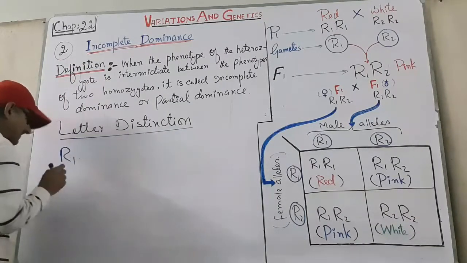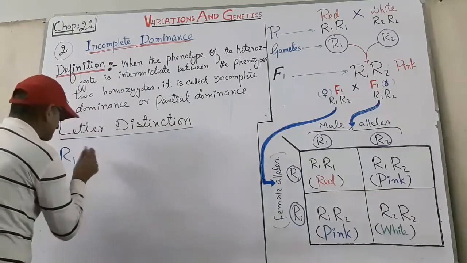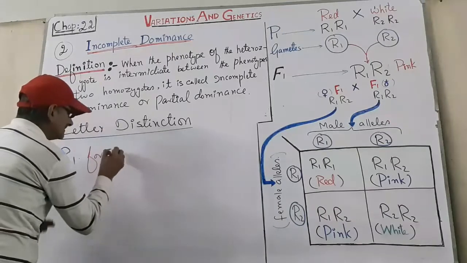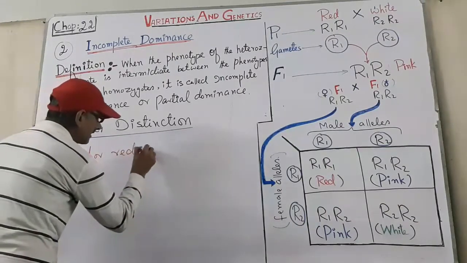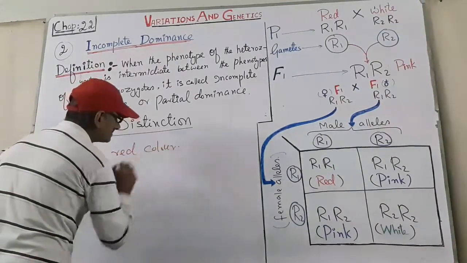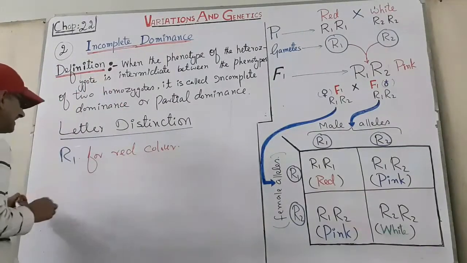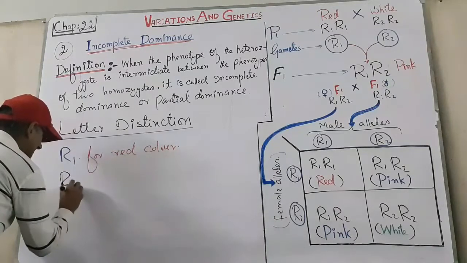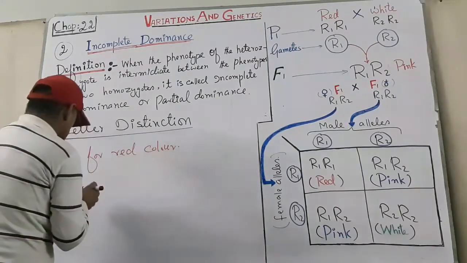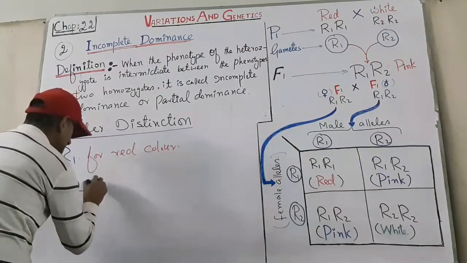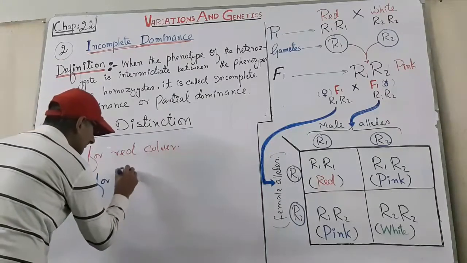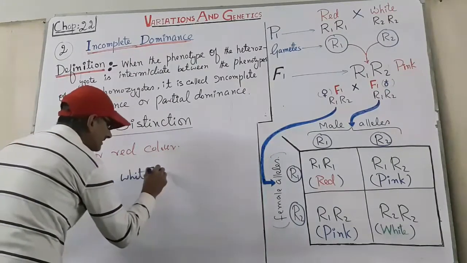Capital R1 is for red color, similarly capital R2 is for white color.